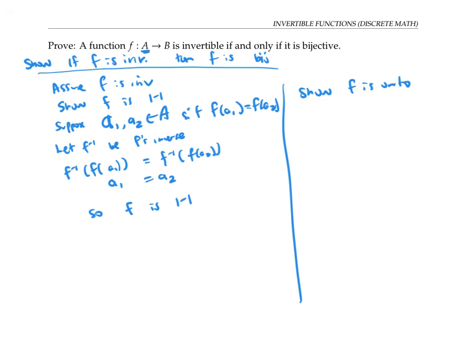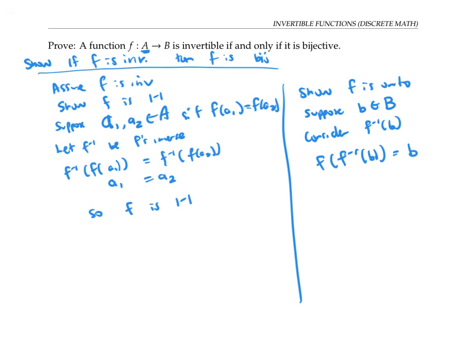Now we need to show that F is onto, surjective. So let's suppose that we have some little b in the set B, and let's consider F inverse of little b. Well, F of F inverse of little b is going to be little b, right? That's what it means to be an inverse.